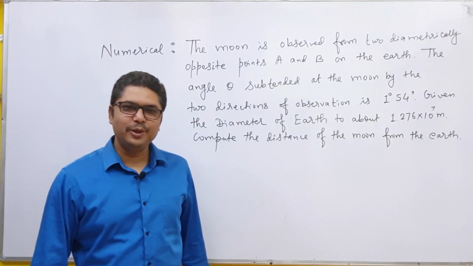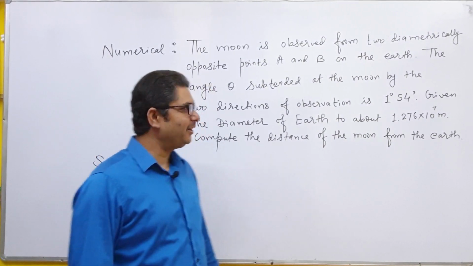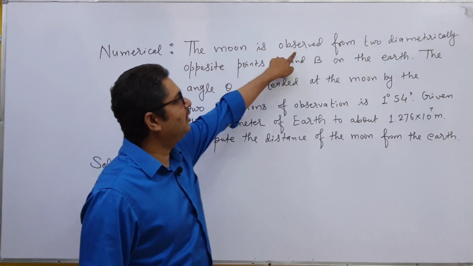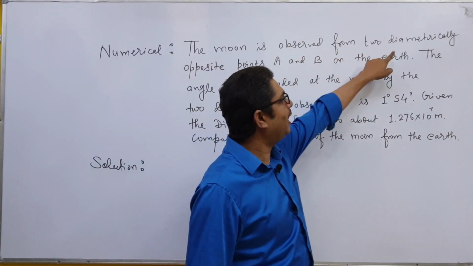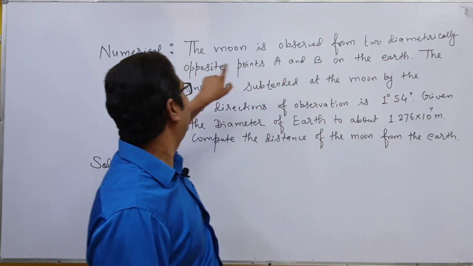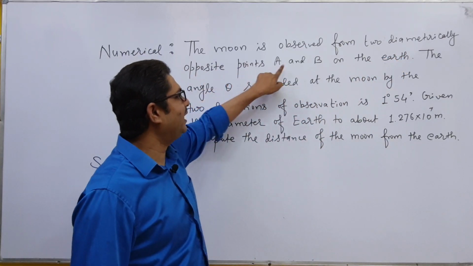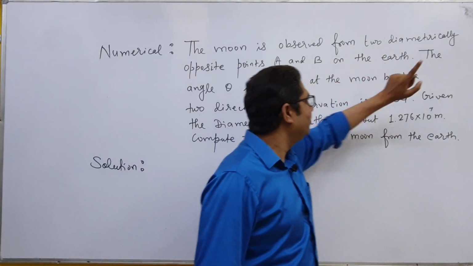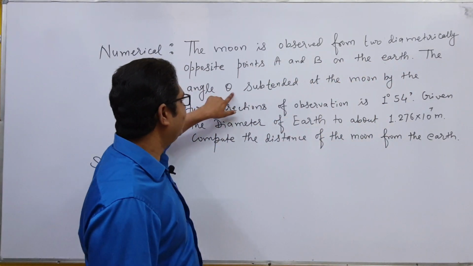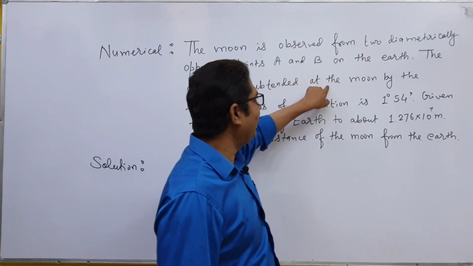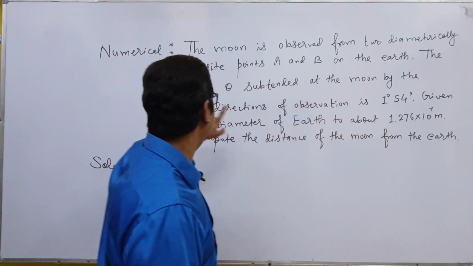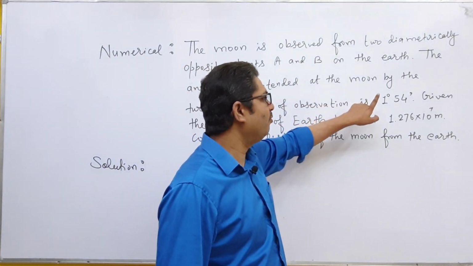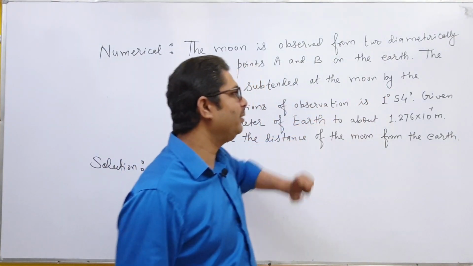Now let us see a numerical based on the parallax method. Here is a question for you. The moon is observed from two diametrically opposite points A and B on the earth. The angle theta subtended at the moon by the two directions of observation is 1 degree 54 minute.